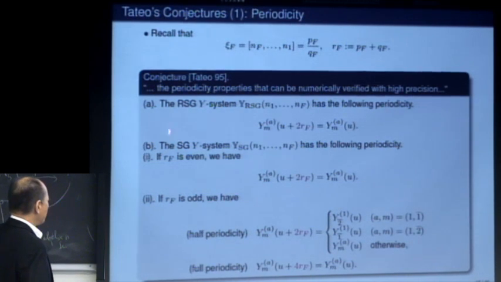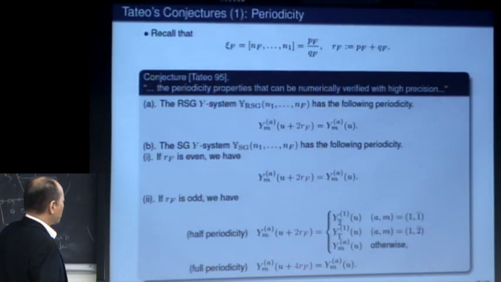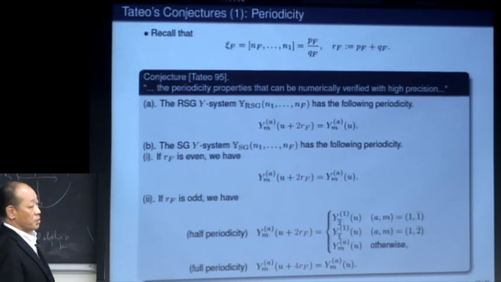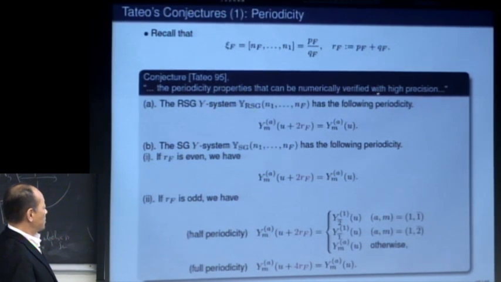And he said in his paper, at that time, this physics paper never used the word conjecture. So he said the periodicity property can be numerically verified with high precision. It means you can put in some numbers and see periodicity. That's it.